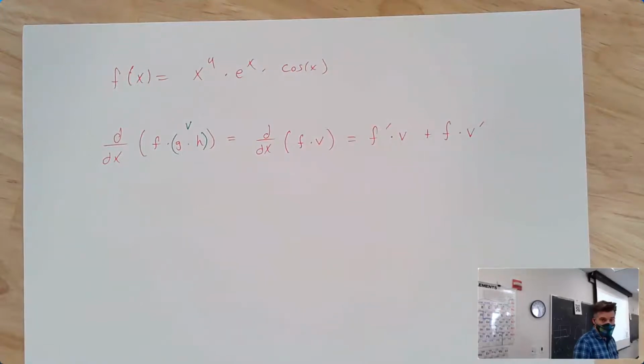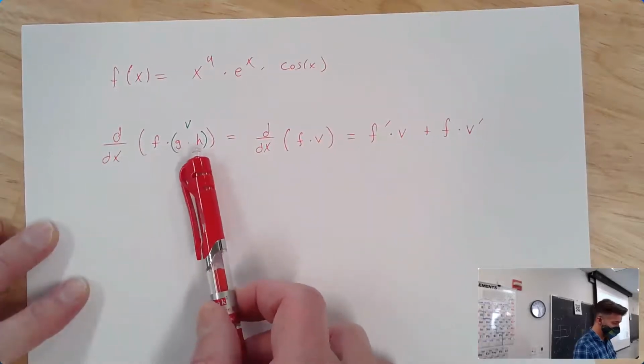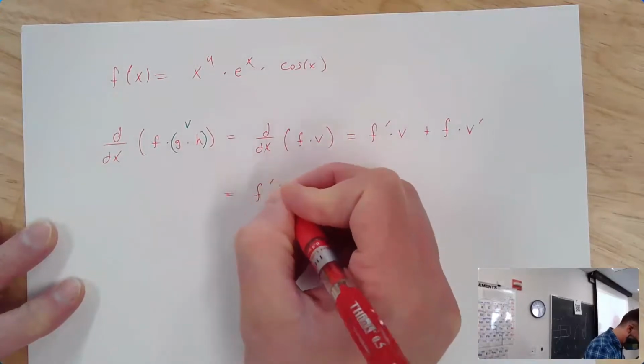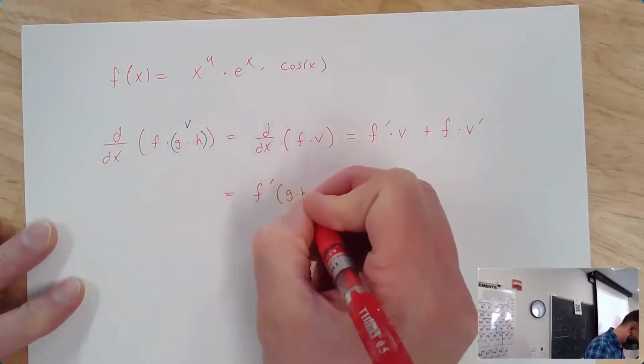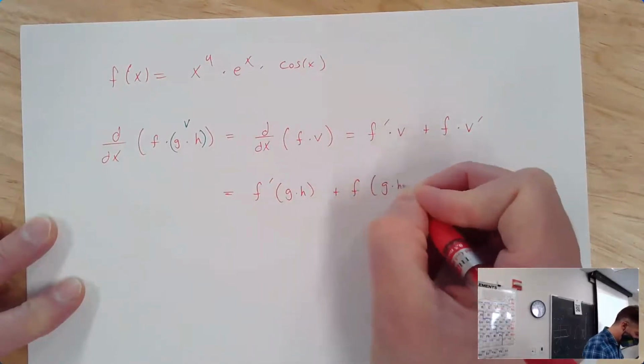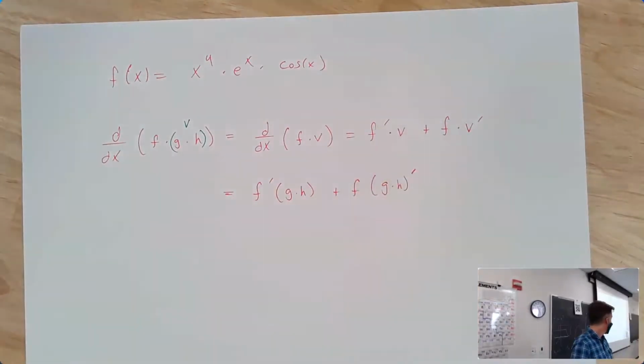But now we're going to remind ourselves that v actually isn't just v. V is the function g times the function h. So I'm going to rewrite this as f prime times the function g times the function h plus f times the derivative of the function g times the function h. And then we're going to use the product rule again.